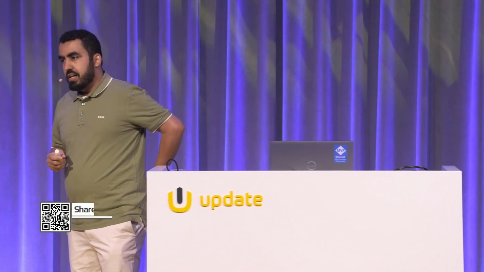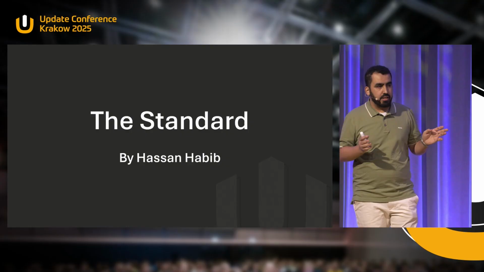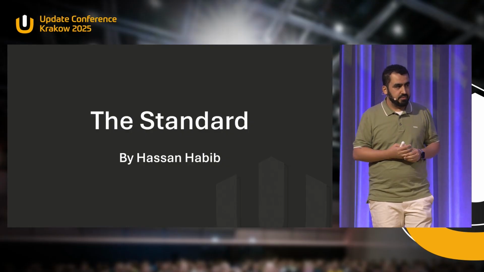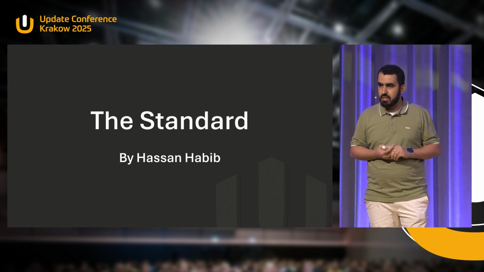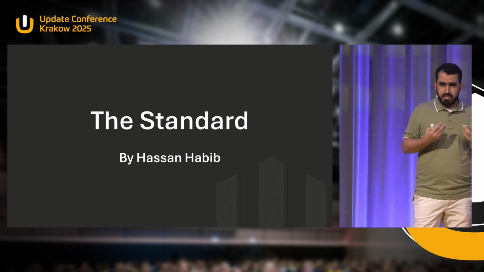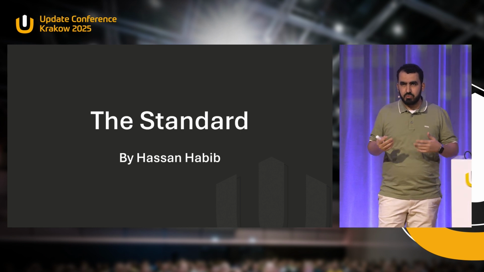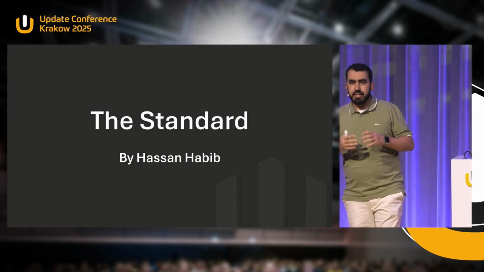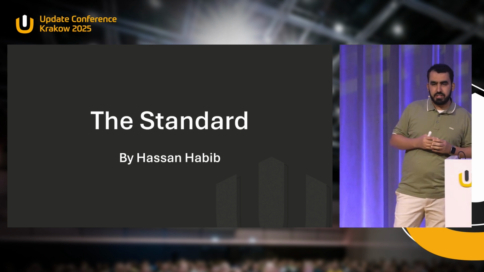So, have you heard about the Standard? This Standard is a collection of principles, let me say a new design pattern for software engineers. Hassan Habib started this in, I think, 2021. And now we are a very big community.